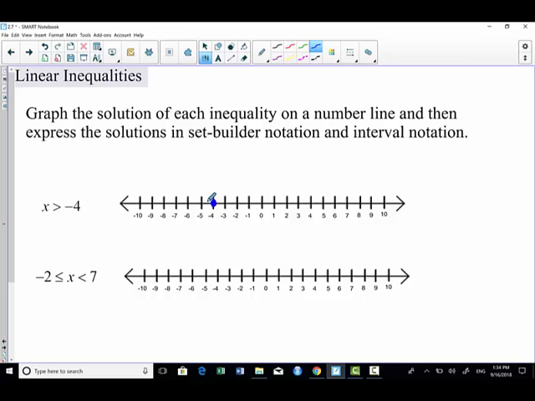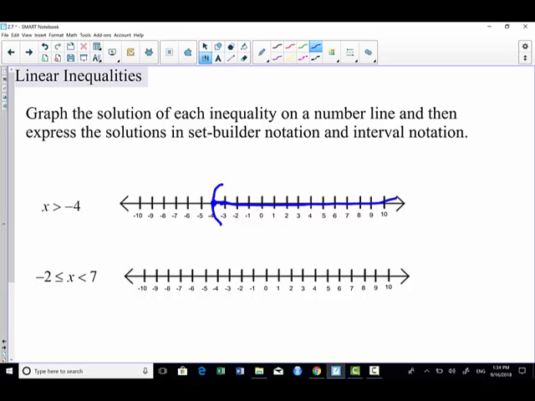And then because we're doing x greater than negative 4, you're going to shade the part that is to the right of negative 4. And then we're going to use parentheses because negative 4 is not included in the solution set. The inequality is x strictly greater than negative 4.